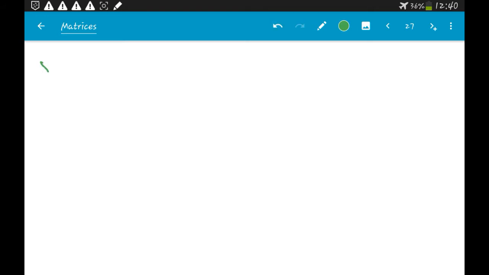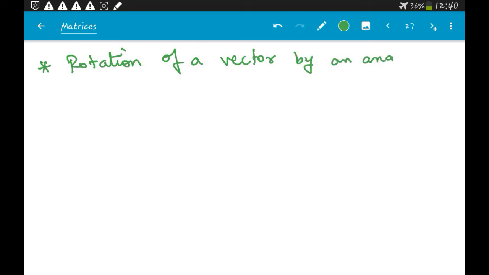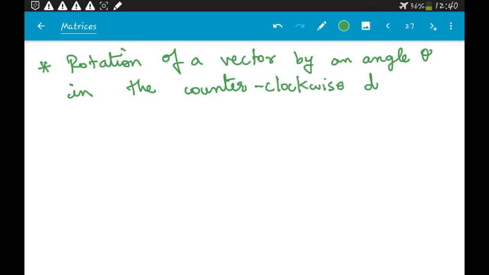These are too many words, so let's do an example. Here we have the rotation of a vector by an angle theta in the counterclockwise direction. So this angle theta, counterclockwise direction.